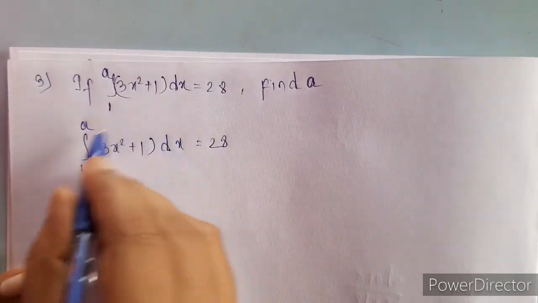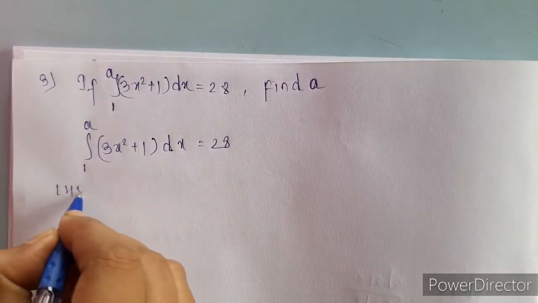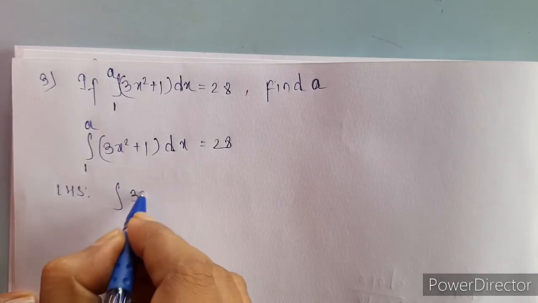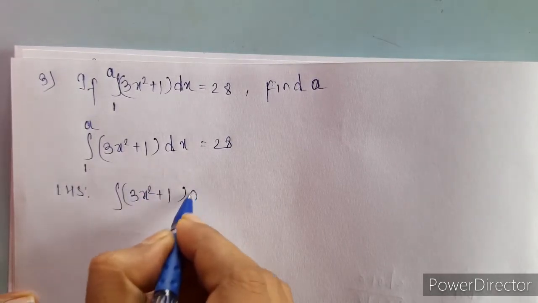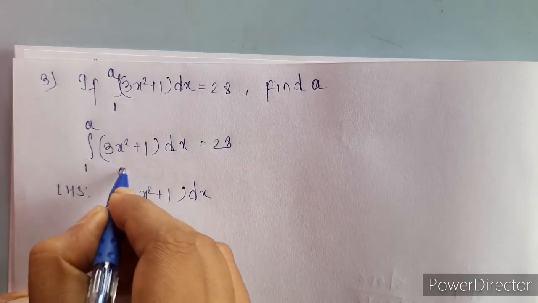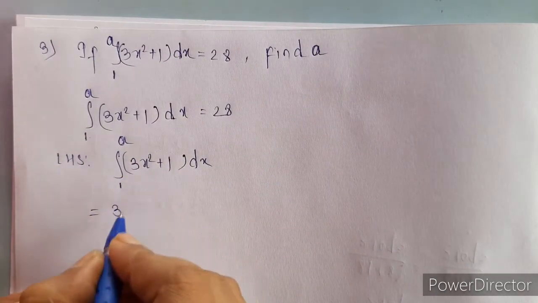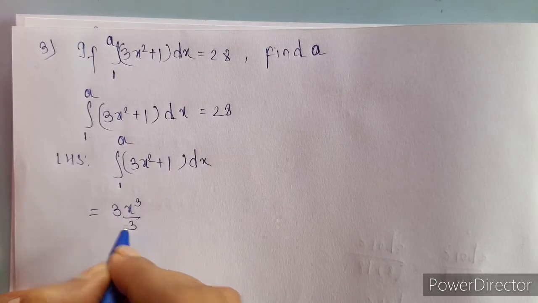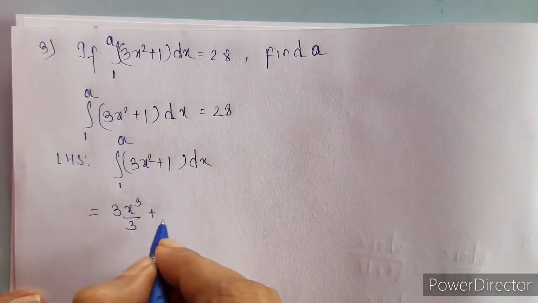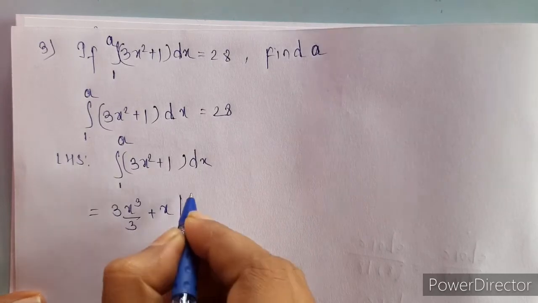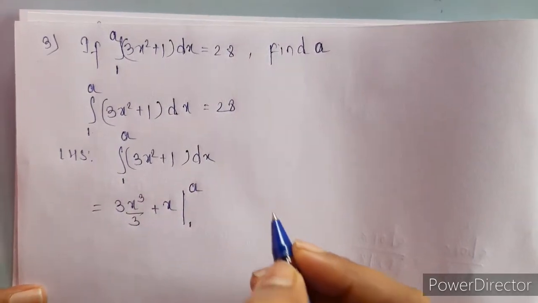So let's solve this side first. Okay, let's solve the LHS first. Integral of 3x square plus 1 from 1 to a. Now 3 is a constant. The integral of x square is x cube by 3 plus the integral of 1 is x, and this is from 1 to a, right?